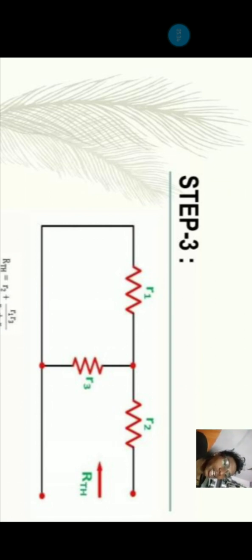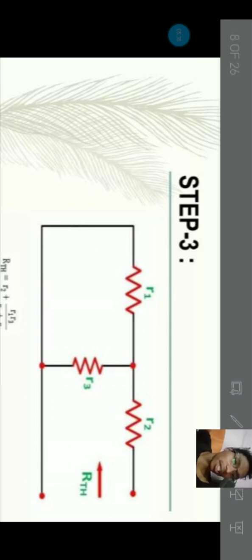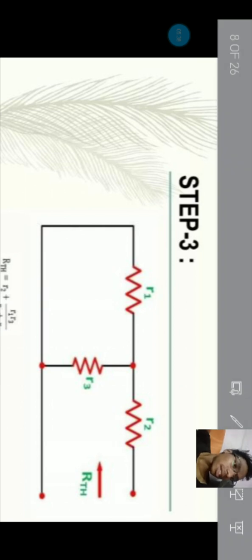Okay, step 3. For R1, R2, R3, the RThevenin is in the opposite direction. For RThevenin, I told you the voltage source is short circuited, and here an ammeter is not present, so we are not putting in any open circuit. Across the load resistor, we find it will be open circuit only. So for RThevenin, R1 will be shifted here because it is short circuited.